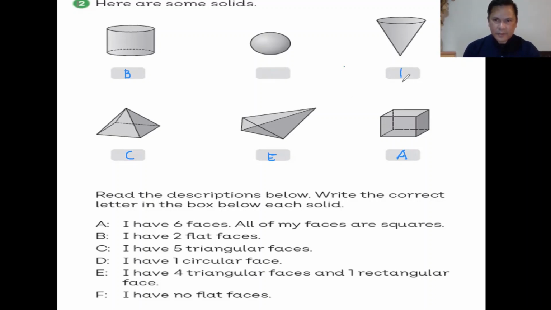The other one, the cone, has 1 circular face and no flat faces. This one has no flat faces. So we write F. So we have B, F, D, C, E, and A. So this one will be our answer.